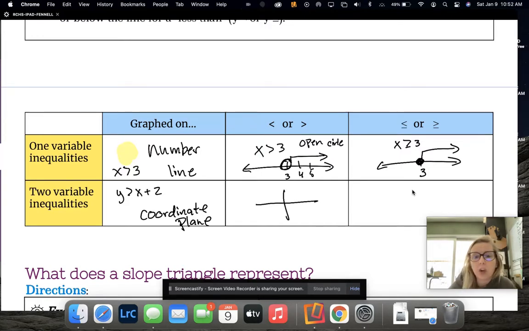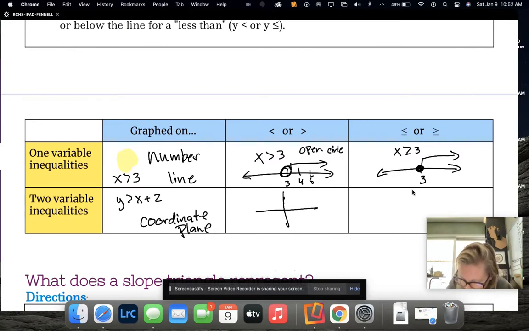If we have greater than or less than only, so I'm just going to graph this line. I have a y-intercept of 2 and a slope of 1, up 1 over 1. This would have a dashed line, again, because it's just greater than, not or equal to. And because y is greater than, this is going to shade above. We're going to talk about all of this in a minute. We'll test a point to be sure, but again, I've practiced this a lot, so I'm pretty sure.